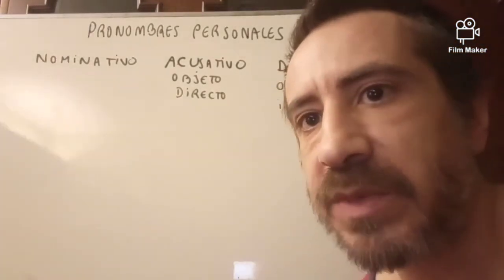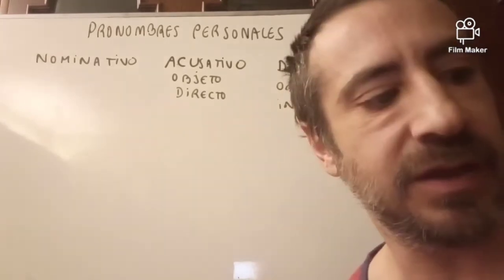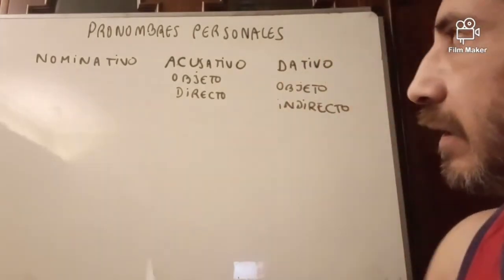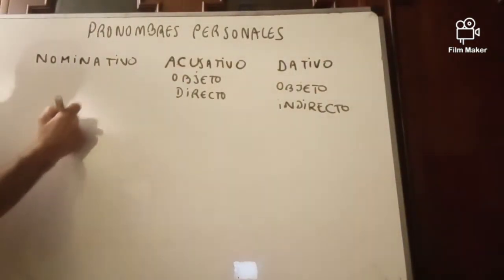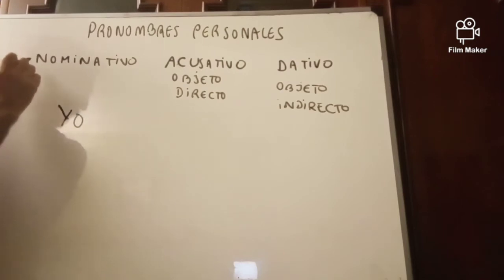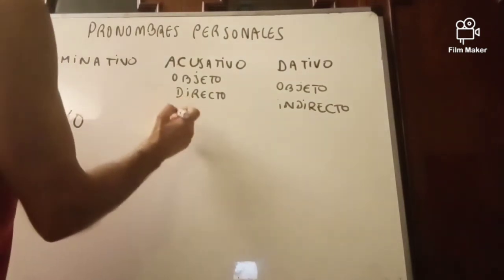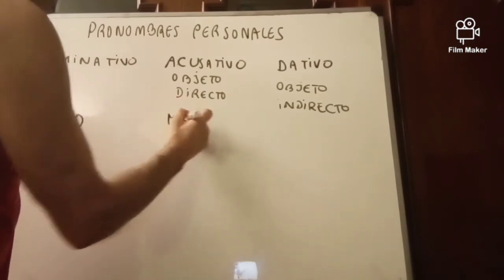And as I promised you in the last video, in this one we'll see the object personal pronouns. For the first person in the singular, this is in the nominative case. The accusative is me.